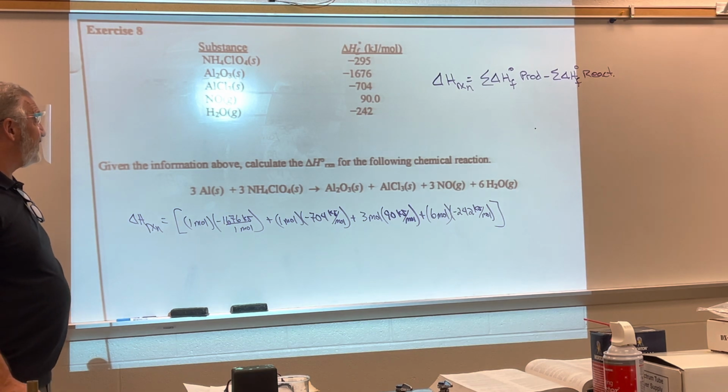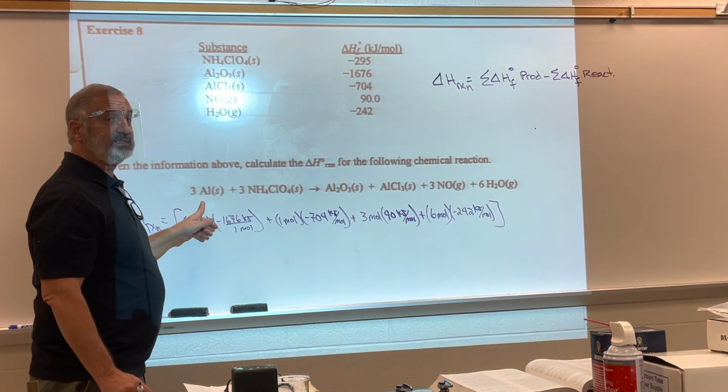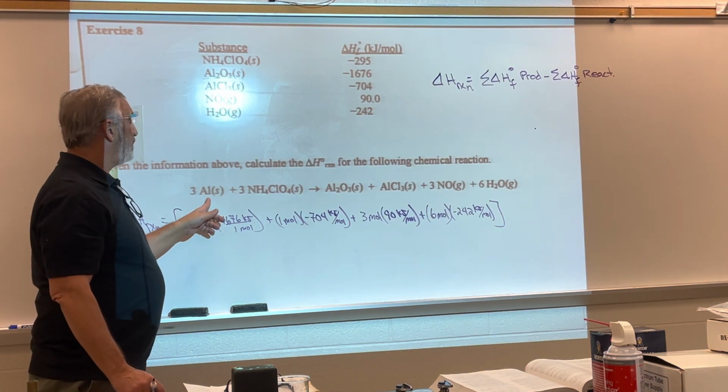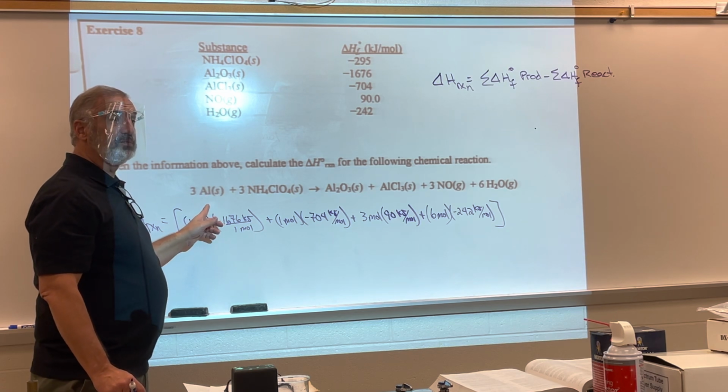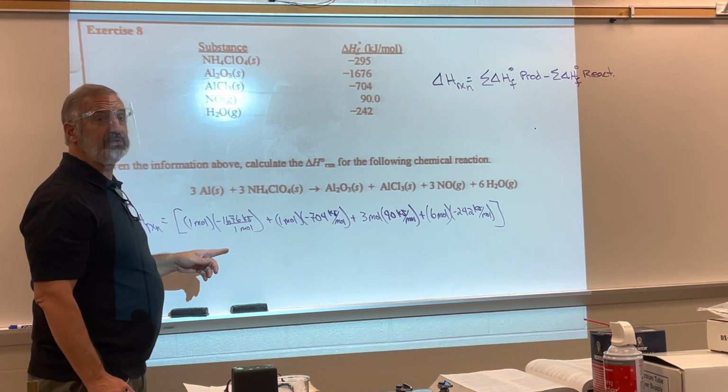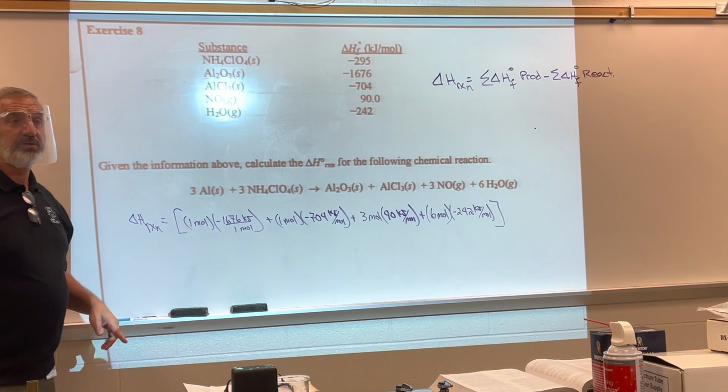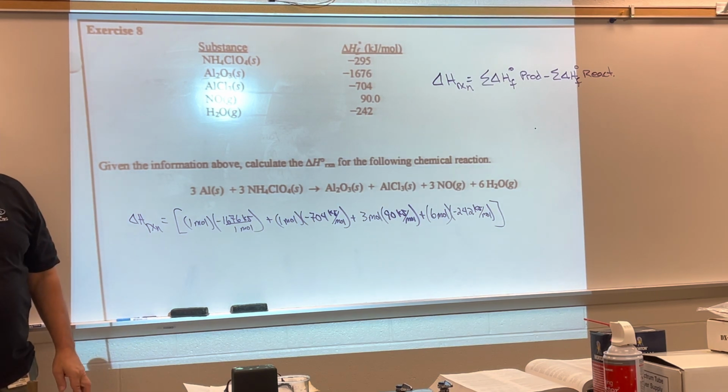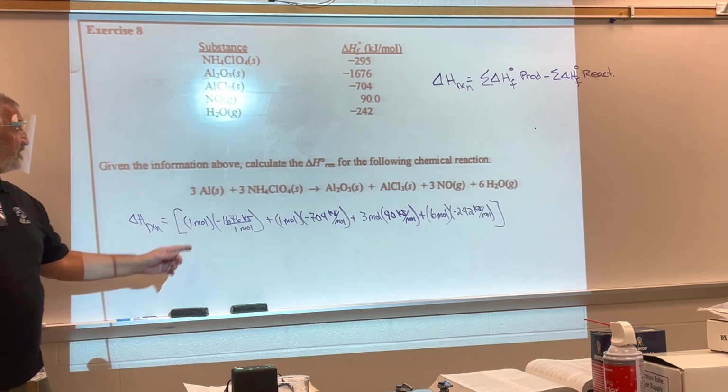Now we have to do the same thing for the reactants. But what do we know it's going to be for aluminum? What's the heat of formation? It's not on the table. Zero. Okay, that wasn't a very confident answer, but that is the correct answer. Why 0? Because it's a pure element.